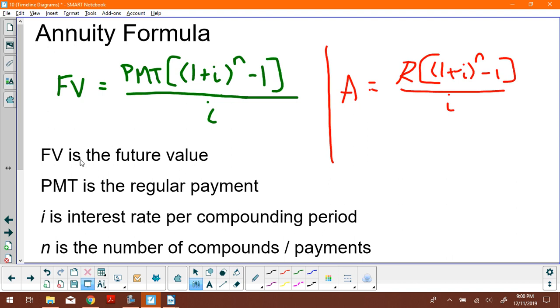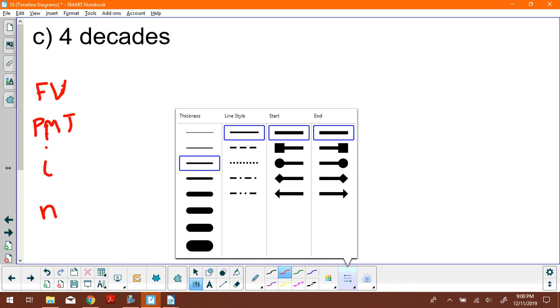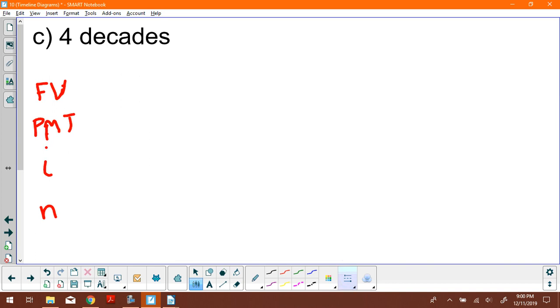So to calculate the final amount or the future value for the 4 decades, we'll do that now. Actually, we'll just go through the whole process here. So future value, payments, i, and number of payments. Future value is what we're looking for.